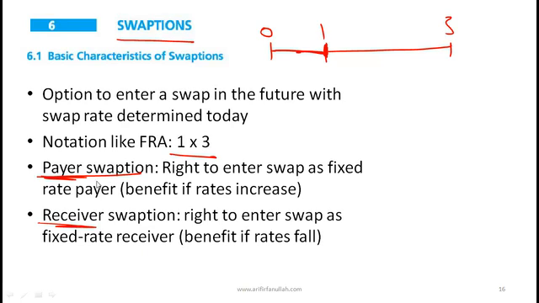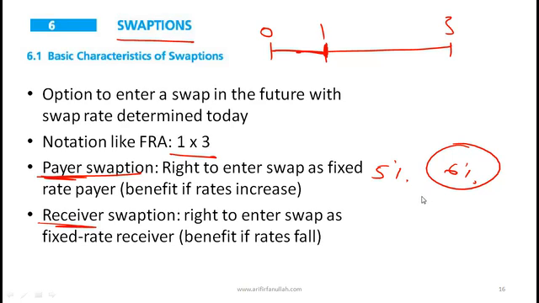So if you enter as a payer swaption, you will benefit if rates rise. Why? Because as a fixed rate payer, if you enter into a swap where the exercise price is a 5% 3-year semi-annual pay swap, when this swaption expires, the actual rate is 6%. The market rate is 6% on the underlying swap.